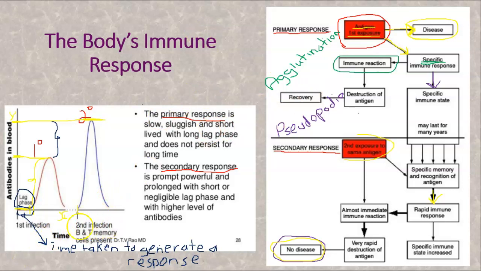The basis of quicker natural immune response is the specific immune state, or the memory cells from the primary response that make the secondary response more rapid and almost immediate, resulting in no disease. Great, very good.